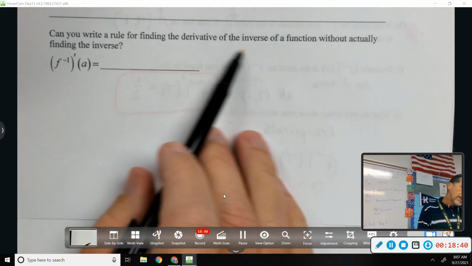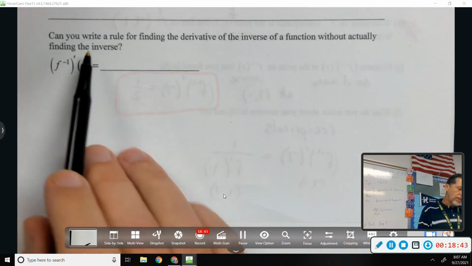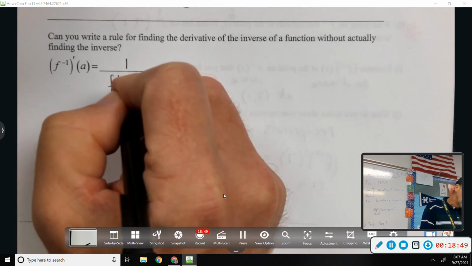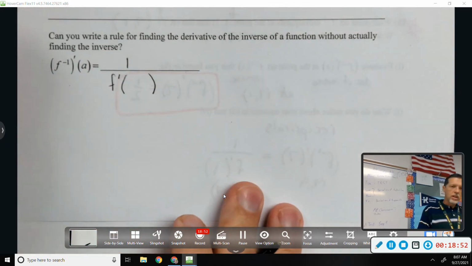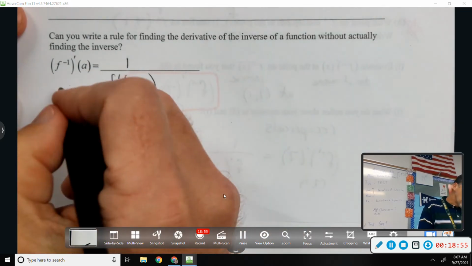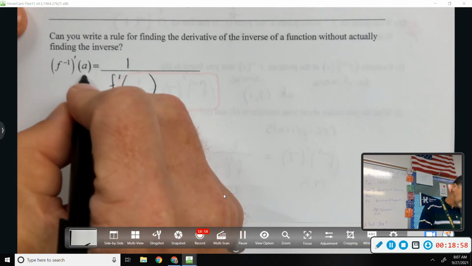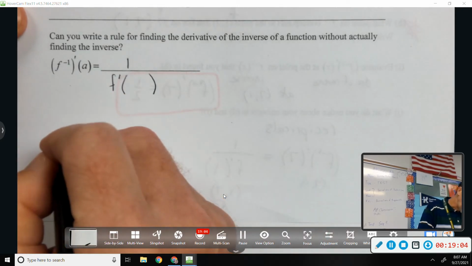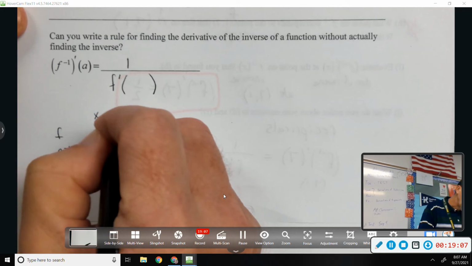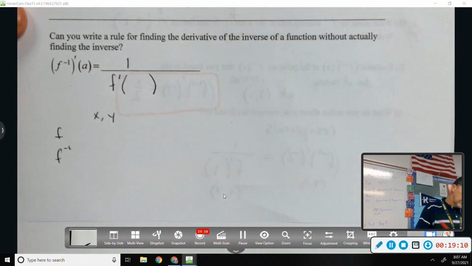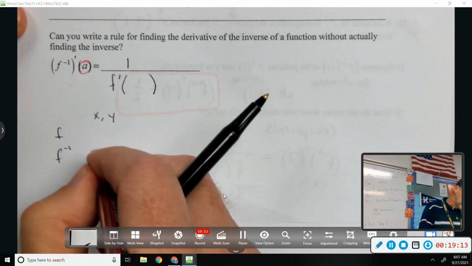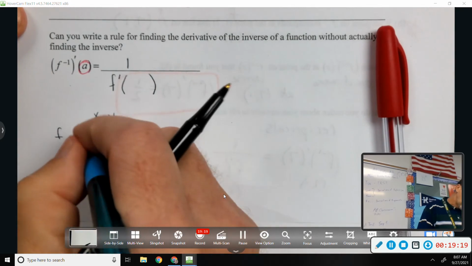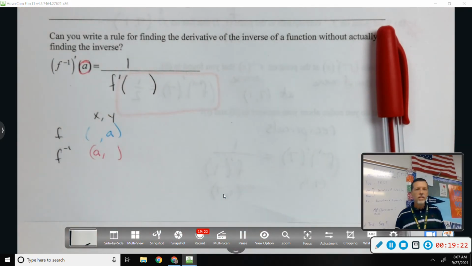Can you write a rule for finding the derivative of the inverse of a function without actually finding the inverse? Well, this is what we just did. We said it was 1 over the derivative of the original. Let's see, if A is the x coordinate for the inverse, this is where I like to write my table here. So A is the x coordinate of the inverse, then that makes it the y coordinate of the original.